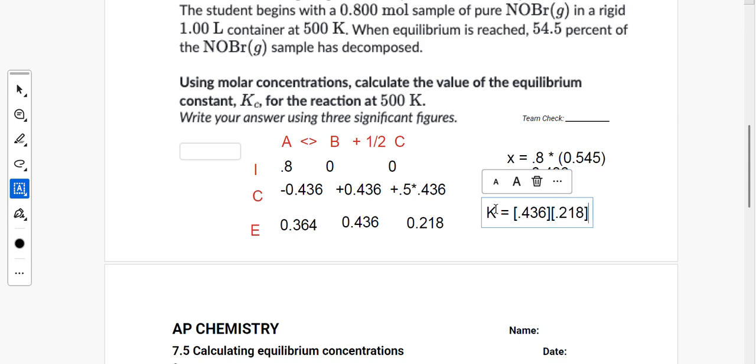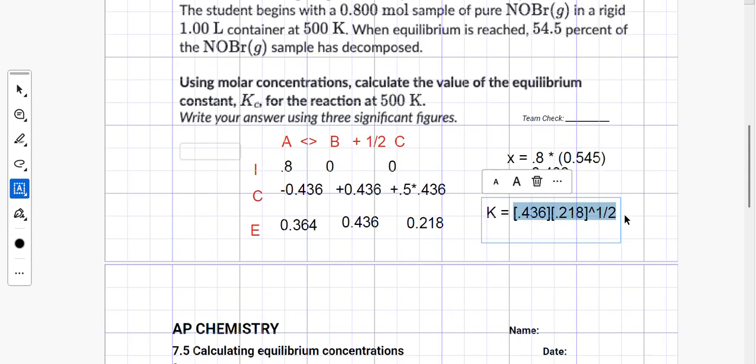And that 0.218 is actually going to be a square root, so I'm going to go to the half power for that. And all of this needs to be underlined.